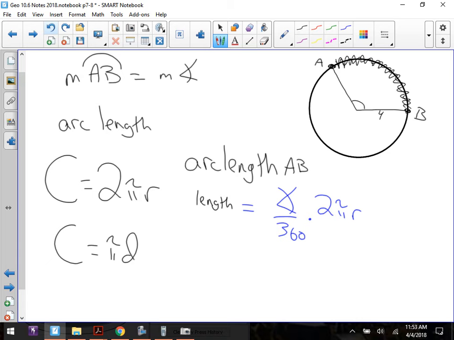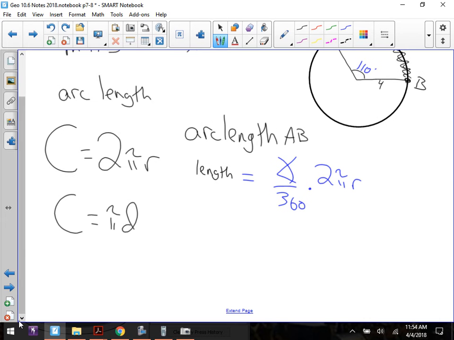Let's say this is 110. That just means, quite literally, we're substituting all the values we know. The arc length then would be 110 over 360 times 2 times 4 times pi.